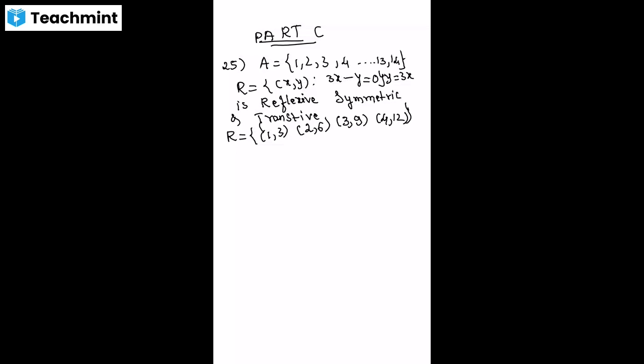Now we can easily check whether it is reflexive or symmetric. First, let us check reflexive. What is the property we have? For all 1 belonging to A, whether 1 comma 1 belongs to R. Here 1 comma 1 is not there.